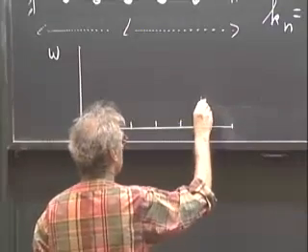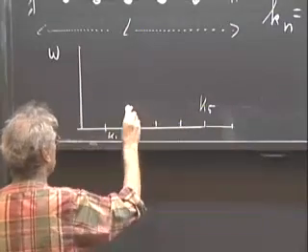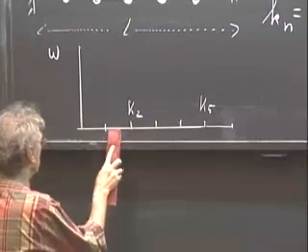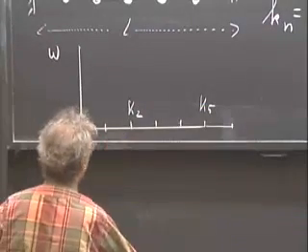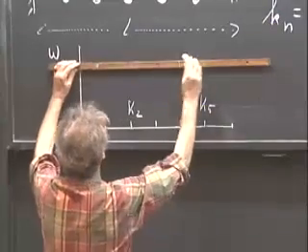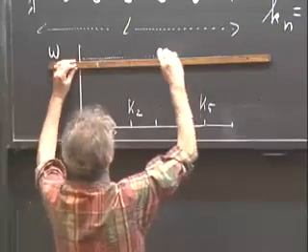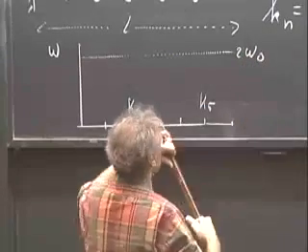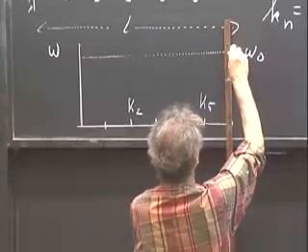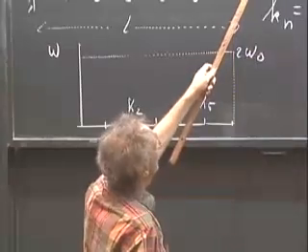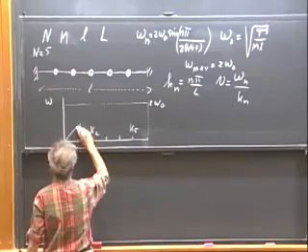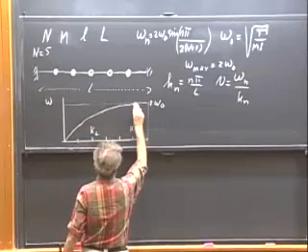So this value here is k5, and this value here is k2. Those are those normal mode solutions. And so the maximum value that omega can have is then 2 omega 0. And if I draw this curve now, it looks like this. It's a sine curve.